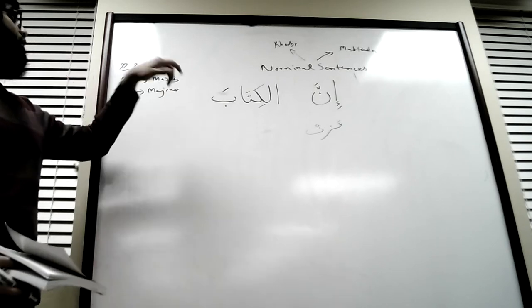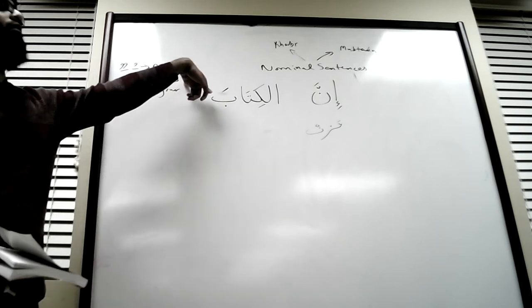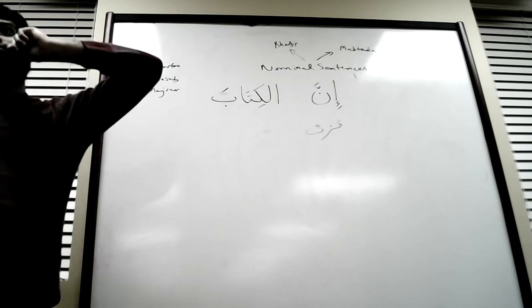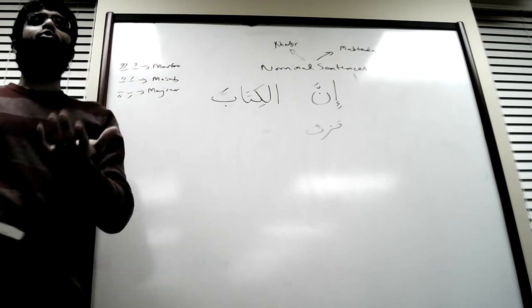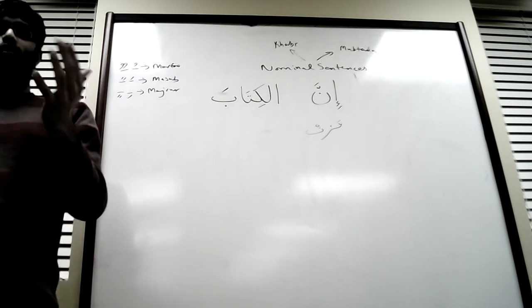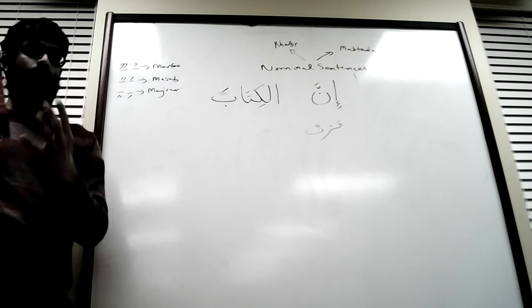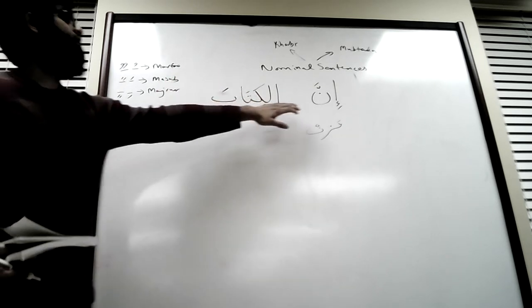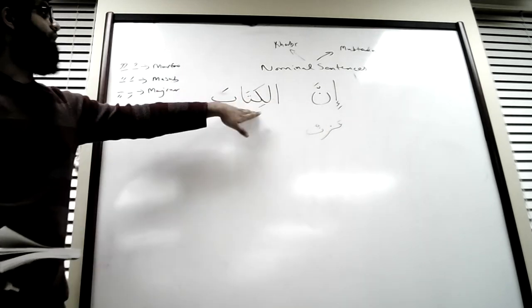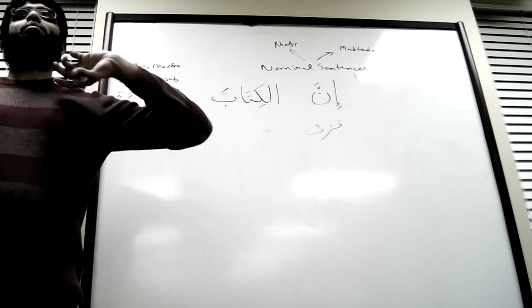Okay. What about mansub? What did we learn about how you make things mansub? If it's the object of the sentence. If you say uhibbu, whatever the object is, I love something, that something becomes mansub. So we're learning that after inna, the noun that follows inna is also mansub.